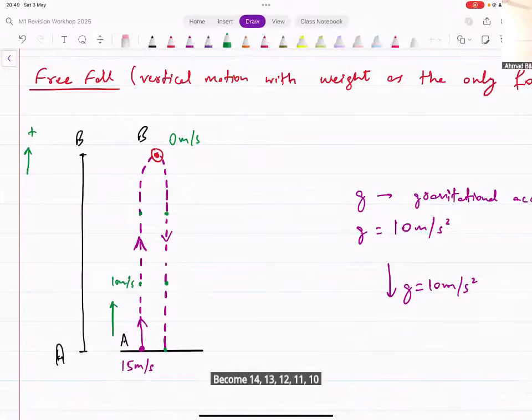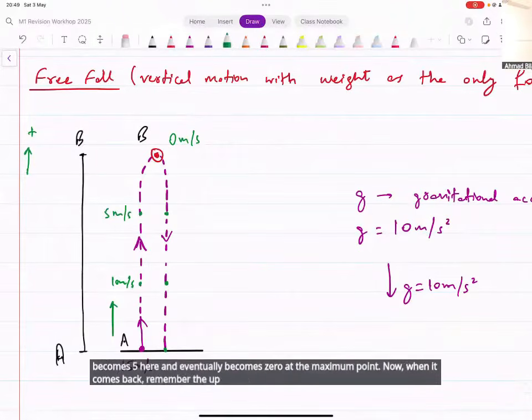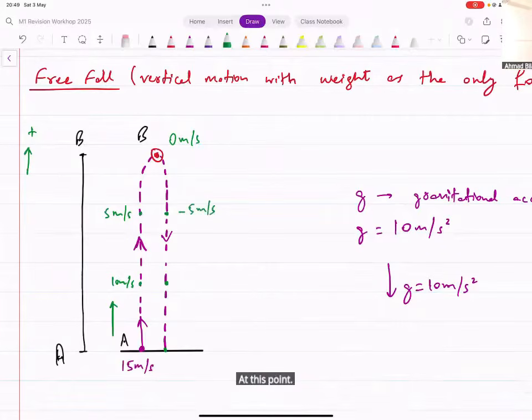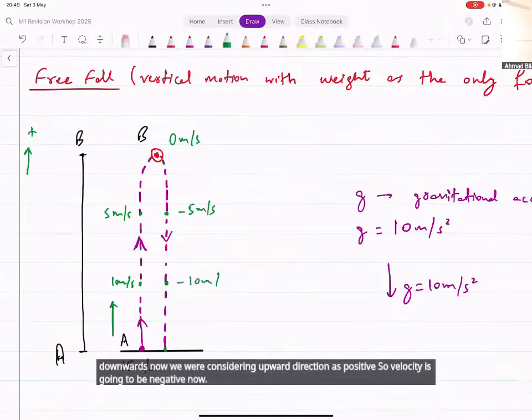Let's say it becomes 10 here, it becomes 5 here, and eventually it becomes 0 at the maximum point. Now, when it comes back, remember the upwards direction is positive. At this point, the velocity is going to be -5 because it's going downwards now, and we were considering upwards as positive. So velocity is going to be negative now. At this point, the velocity is going to be -10 meters per second.